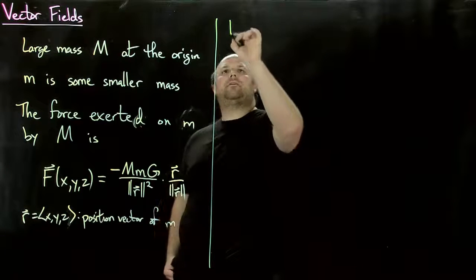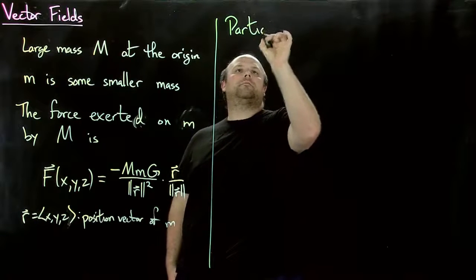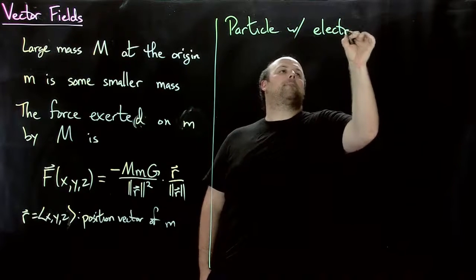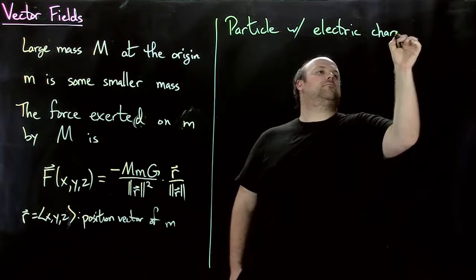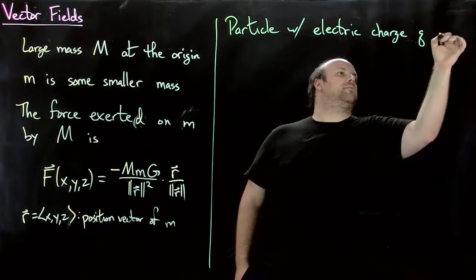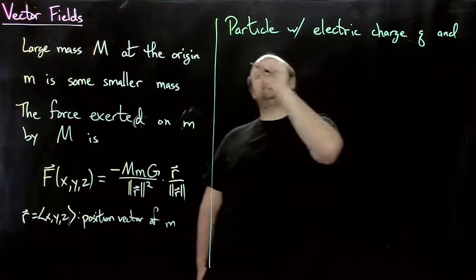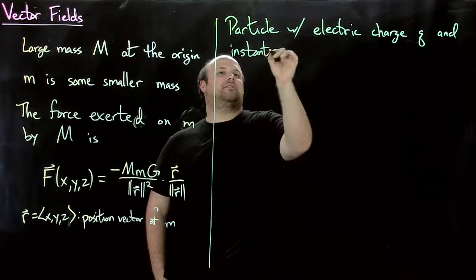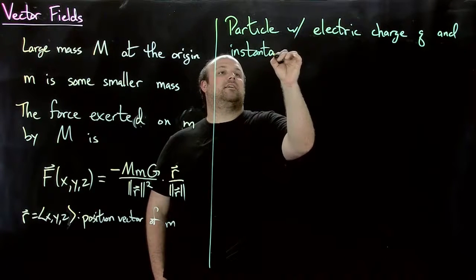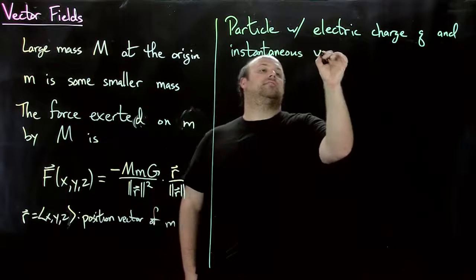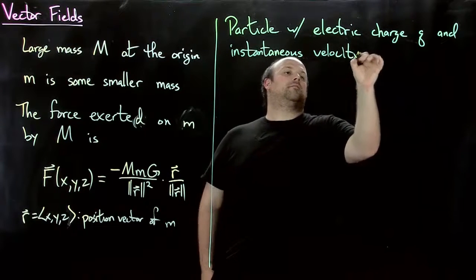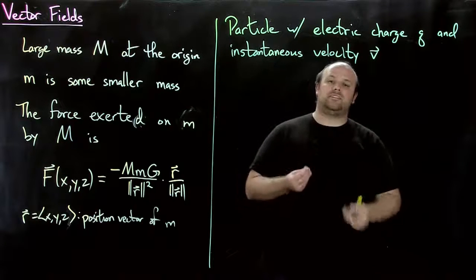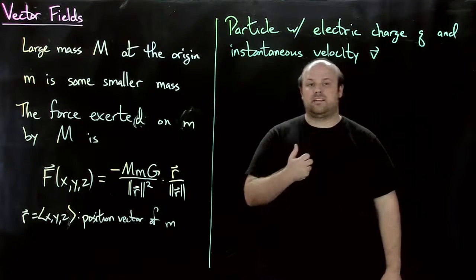So let's say we have a particle with electric charge q and instantaneous velocity v, okay? And let's say it's moving in the presence of an electric field and a magnetic field.